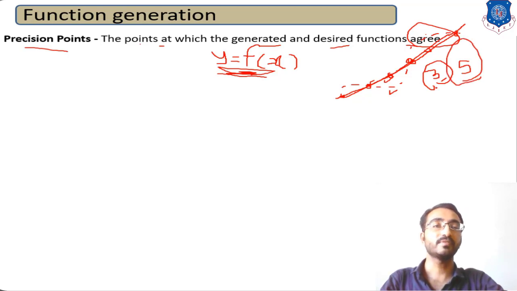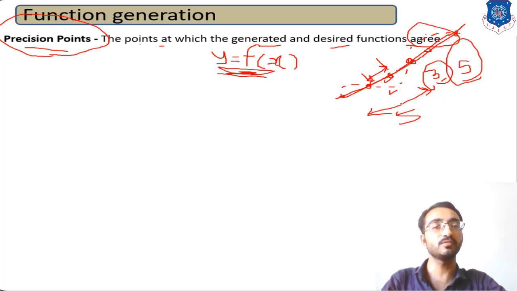We also calculate how many precision points we should consider and how far apart they should be located. For example, at least at an interval of 5 mm we should keep 2 precision points so that we achieve the desired output in a smooth way.